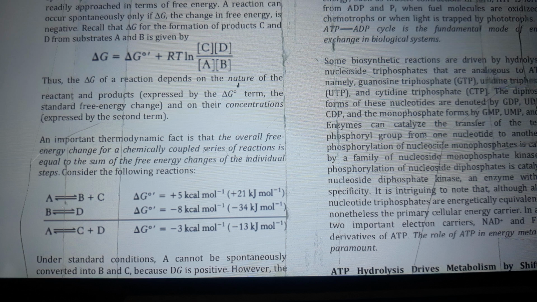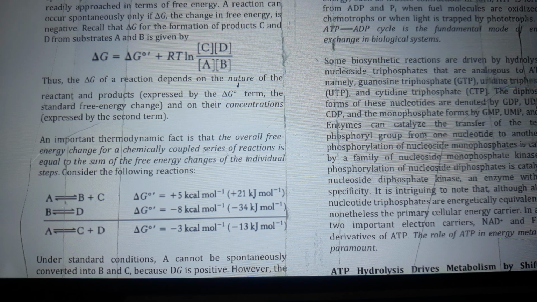Thus, the delta G of reactions depends on the nature of the reactants and products, expressed by the delta G0 term, the standard free energy change, and on their concentrations, expressed by the second term.